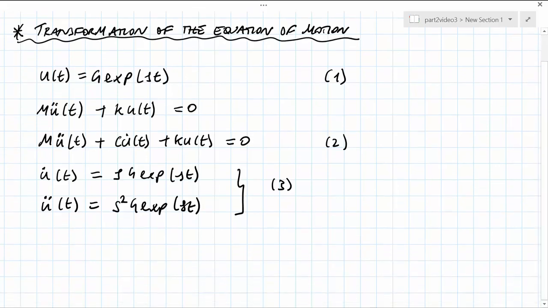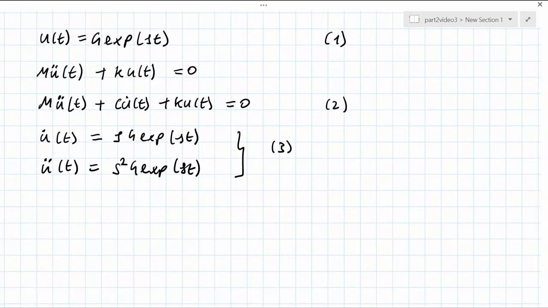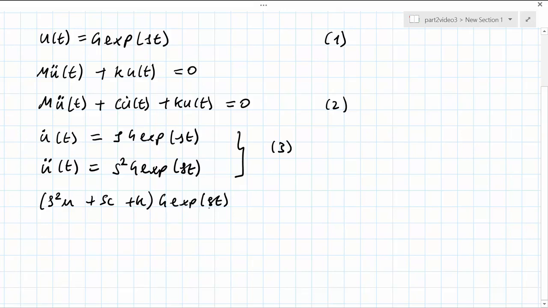So substituting this into equation 2, we get s squared times m plus sc plus k, times G times the exponential of st, and that's equal to 0.